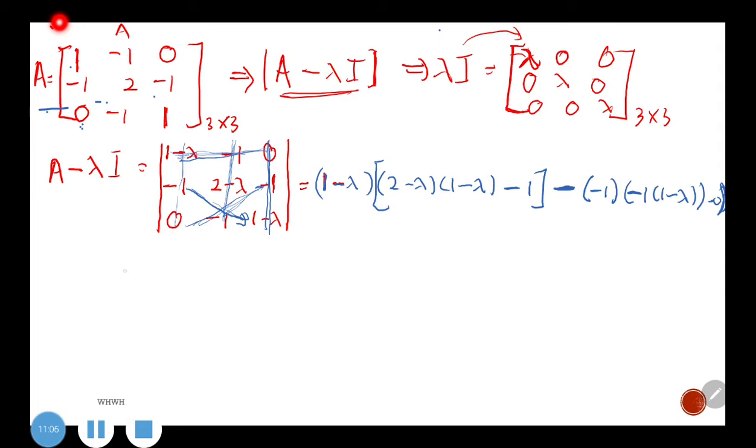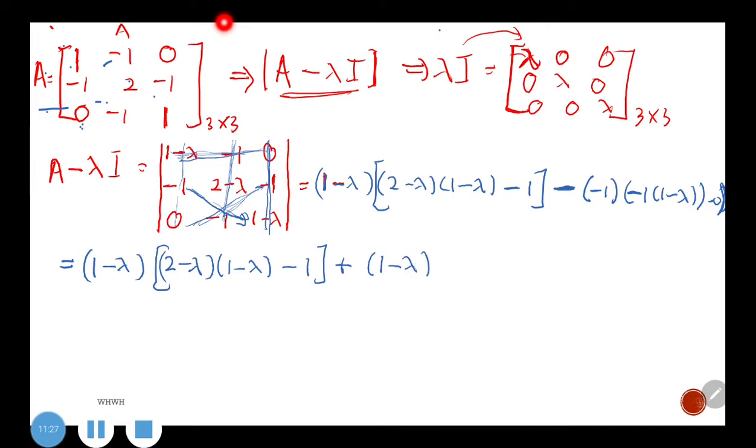Okay, so now we will get 1 minus lambda. Here we have 2 minus lambda, 1 minus lambda, minus 1. And then for the second one, you're going to have plus 1 minus lambda.